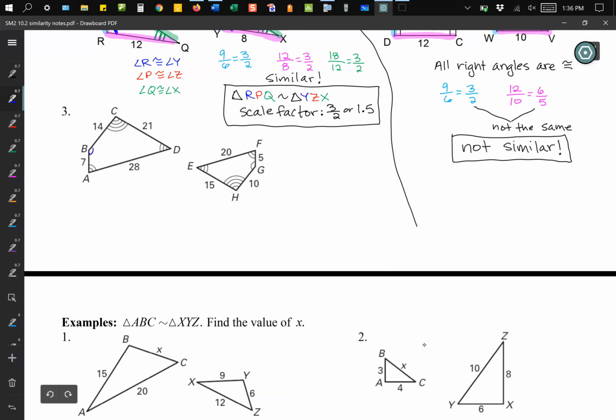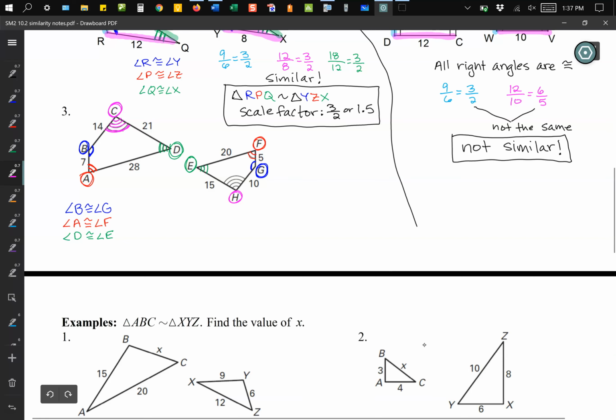So I have angle B is congruent to angle G. Let's see, the ones with 2 marks, I've got angle A is congruent to angle F. Three marks, I have angle D is congruent to angle E. And 4 marks, angle C didn't come out very well.